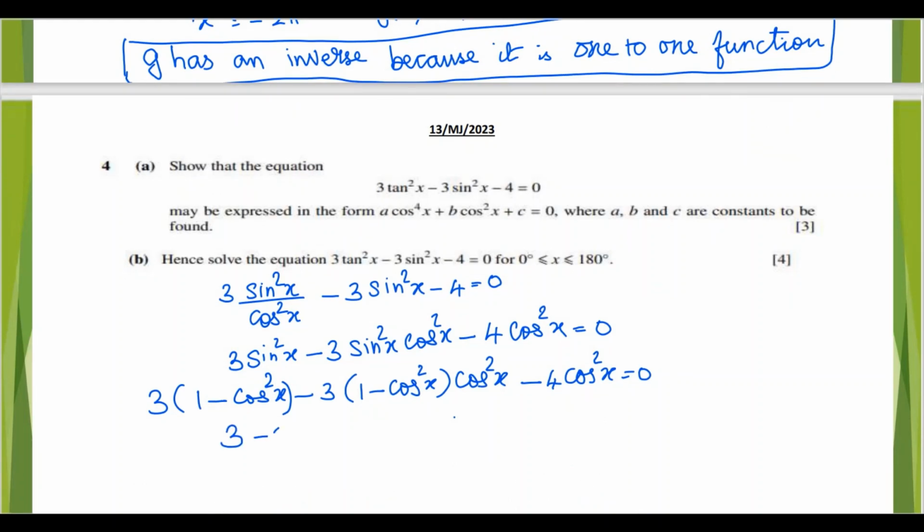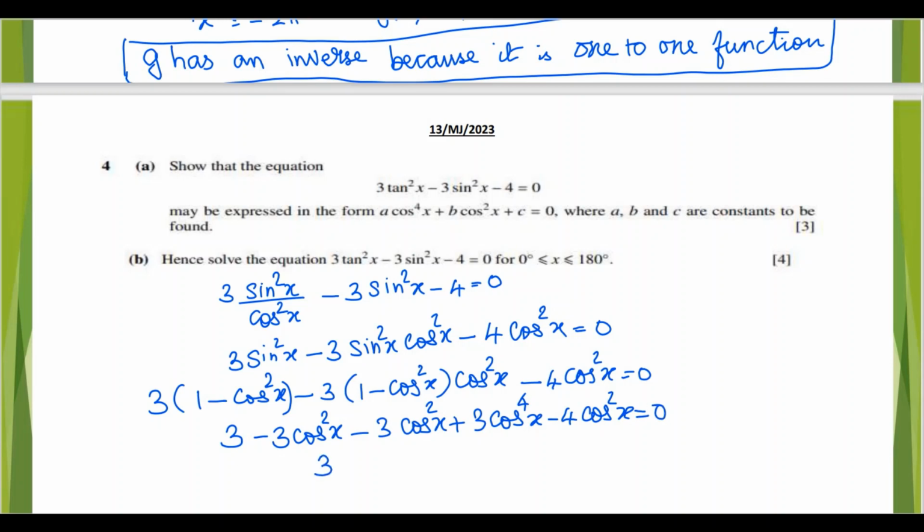So 3 minus 3 cos square x, minus 3 cos square x plus 3 cos power 4x, minus 4 cos square x equal to 0.